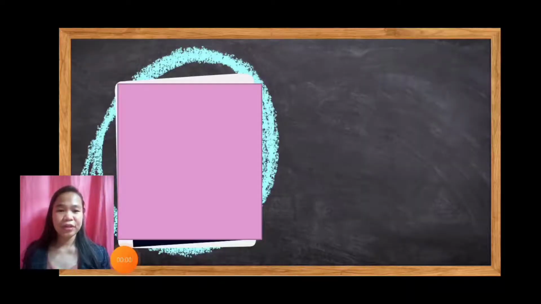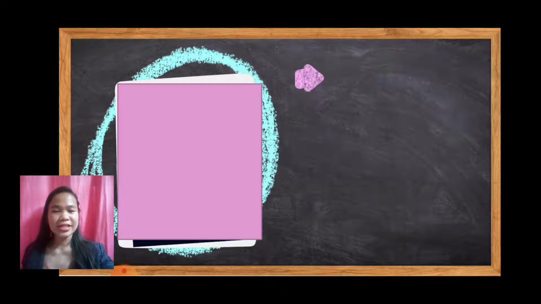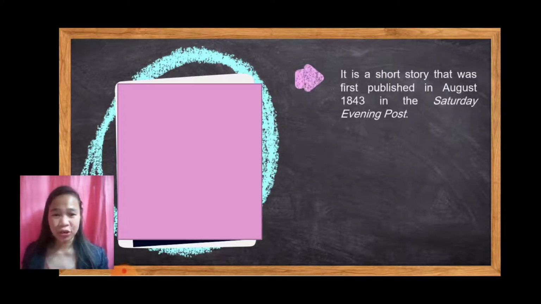Since our topic for today is related to reading fluency, in this session you are going to read a piece of literature. Let me give some hints on what you are going to read for today. The first hint is that it is a short story that was first published in August 1843 in the Saturday Evening Post.